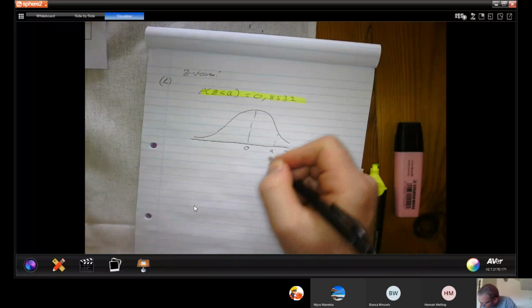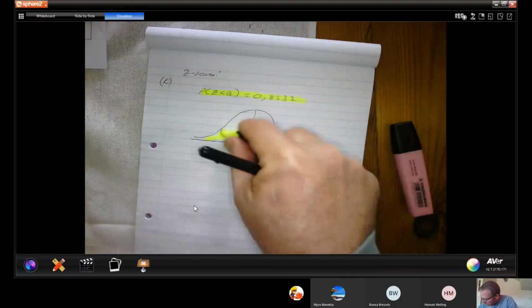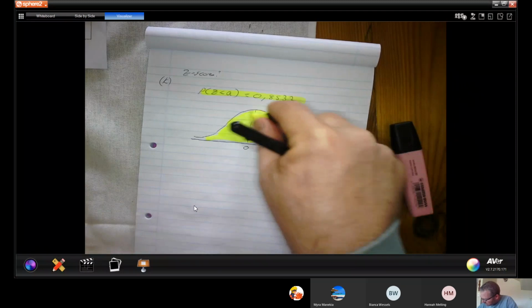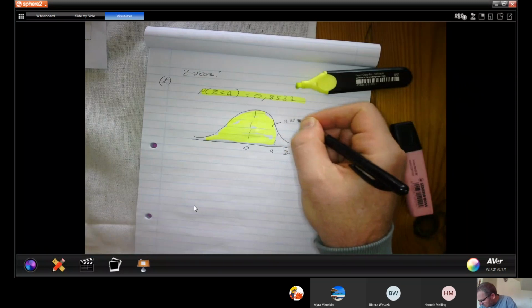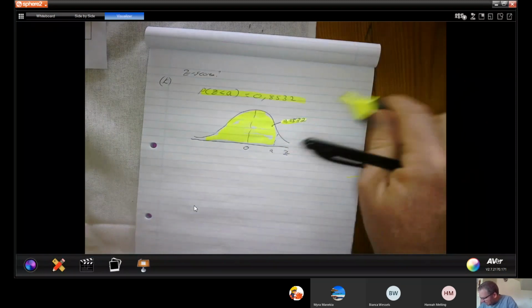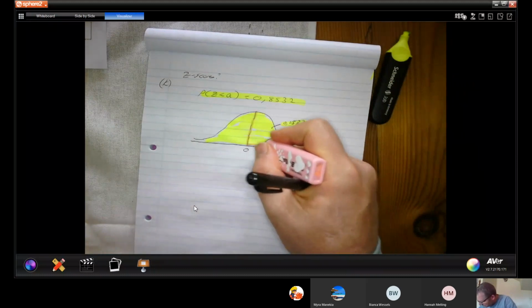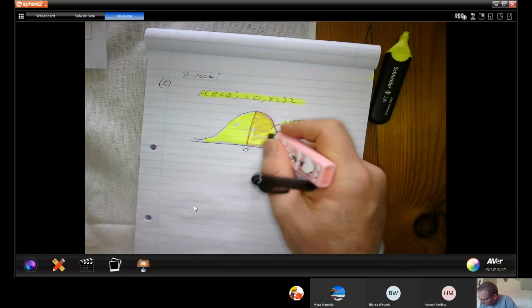So A must be somewhere floating around over there because this whole area over here is 0.8532. So Hannah, the area we need to work with in order to use the normal distribution table is that pink area over there, right?